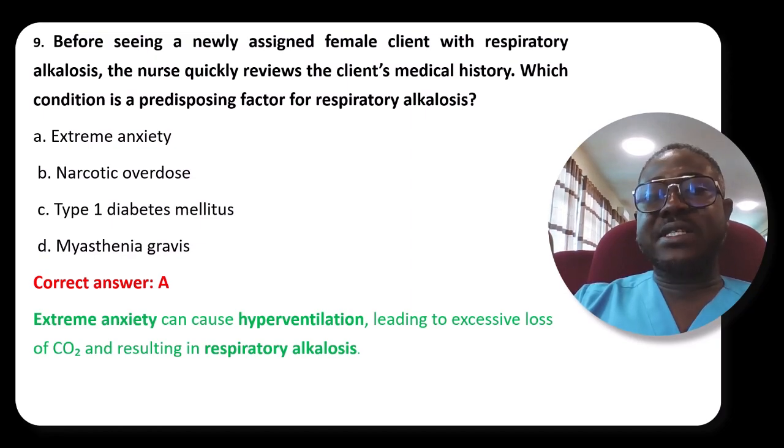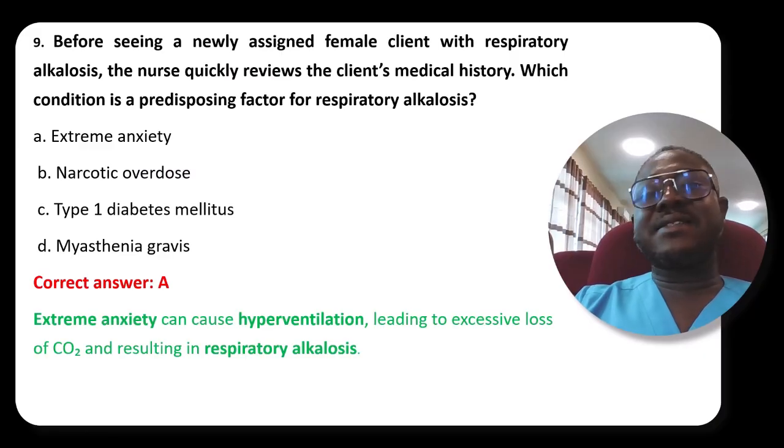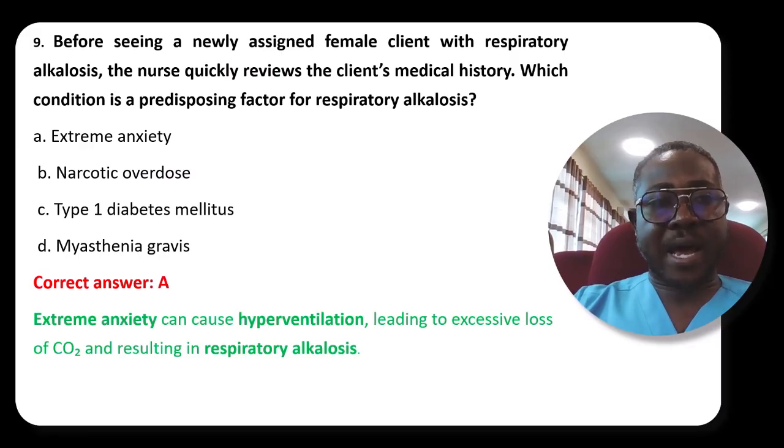Respiratory alkalosis occurs when there's what? Fast breathing. You are breathing faster, you are bringing out carbon dioxide, and you are pushing in what? More oxygen. So what among these options will cause someone to breathe faster? Anxiety. When you are anxious, you begin to pant. Okay, that means you are pushing in more oxygen and bringing out more what? Carbon dioxide.